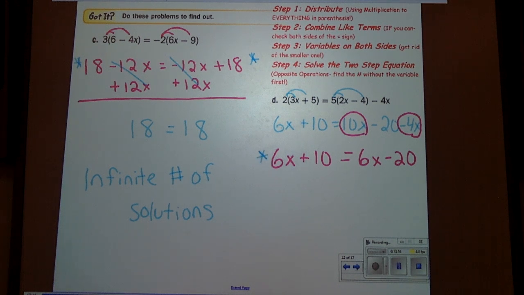So if you notice here, 6x plus 10 is not the same as 6x minus 20. But we can keep going and subtract 6x from both sides, and we have 10 and negative 20. They do not equal each other, so here we have no solution.